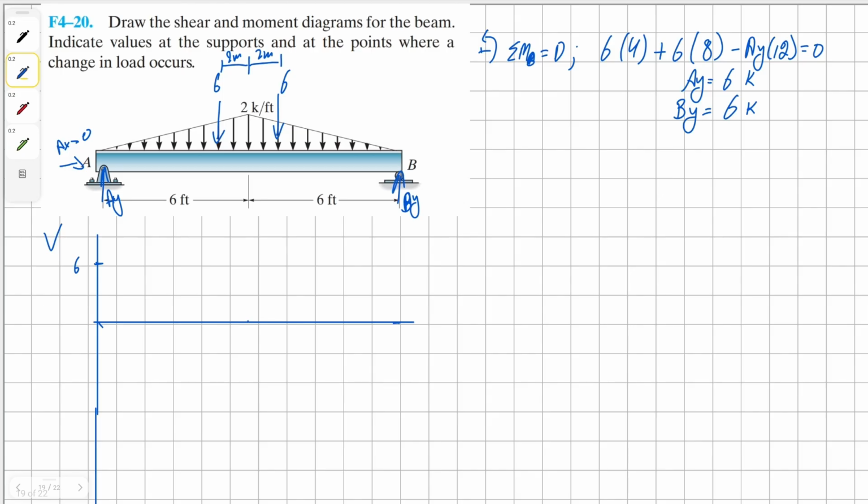So we're going to begin at 6k, and then all the way to 6 feet, we're going to come down by 6k, which will bring us to 0. And since we know that our load is negative increasing, this means our shear is negative decreasing.